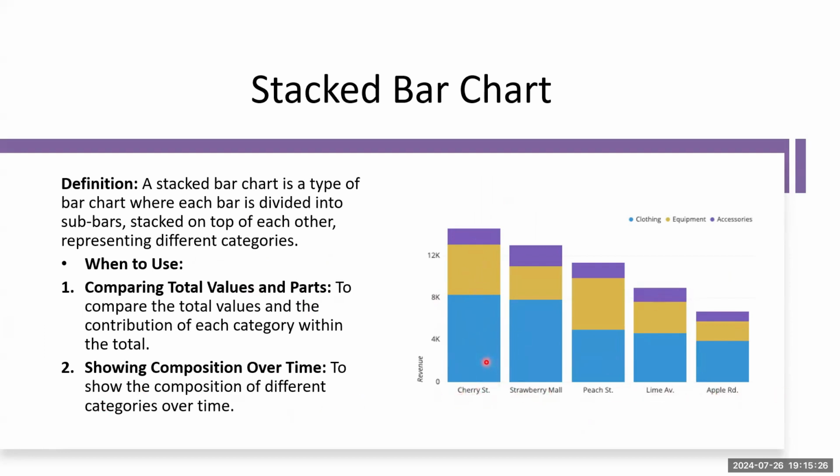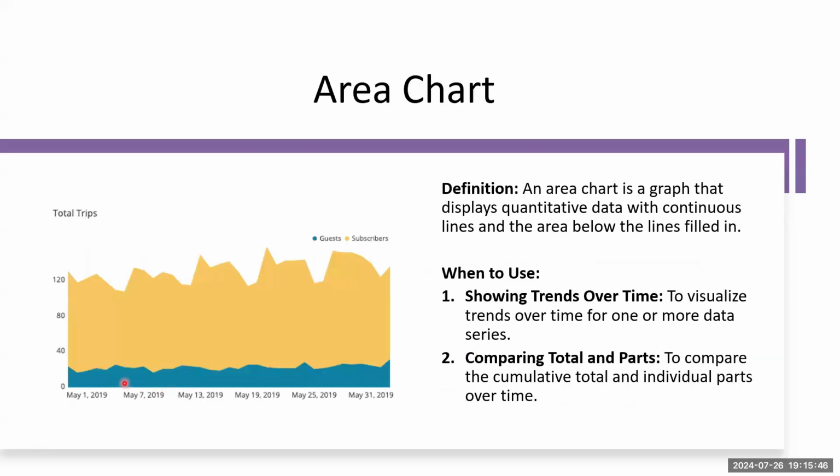But if you want to do this same thing over time, for example, just this branch, we want to compare their revenue over time, the totals and the individual values, or parts over time, then we can use this area chart.